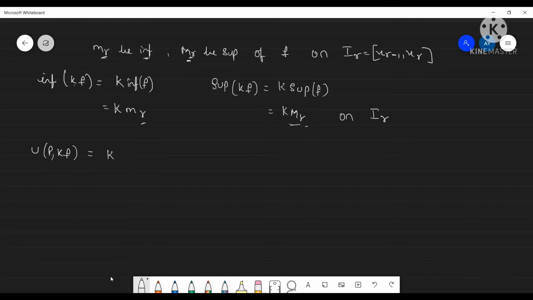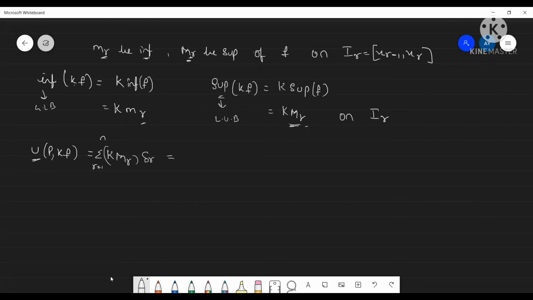You have to write the summation r equals 1 to n of k M_r. We are talking about the upper sum. What is supremum? Least upper bound. What is infimum? Greatest lower bound. So as we are talking about upper bounds, you write k M_r delta_r.